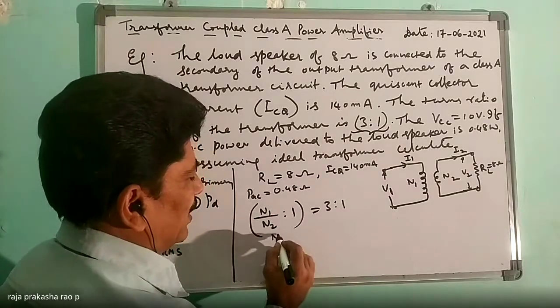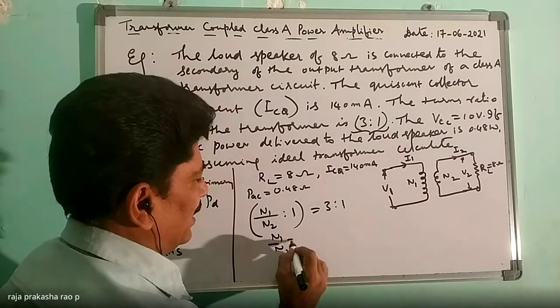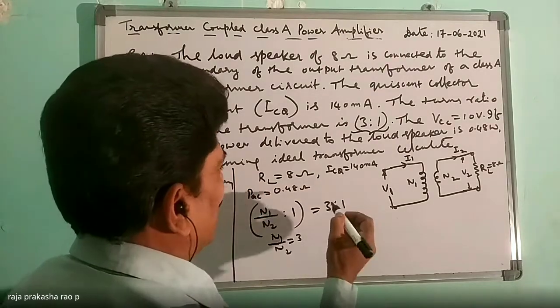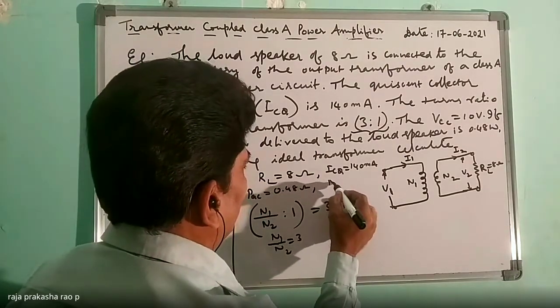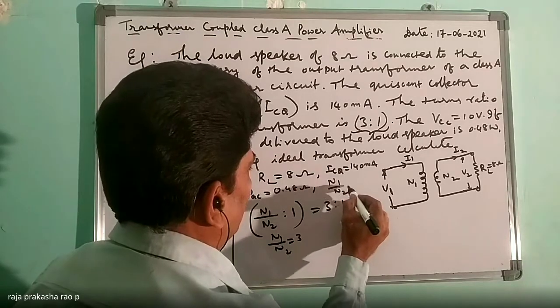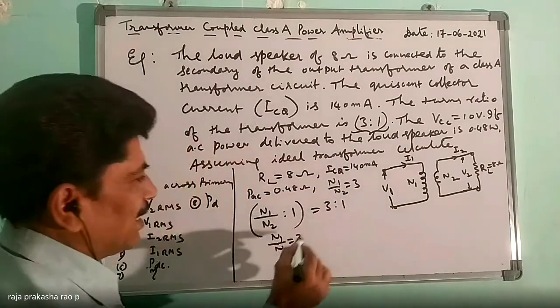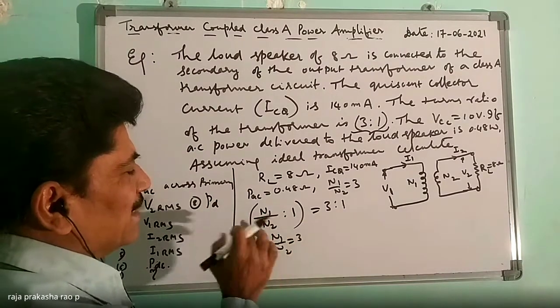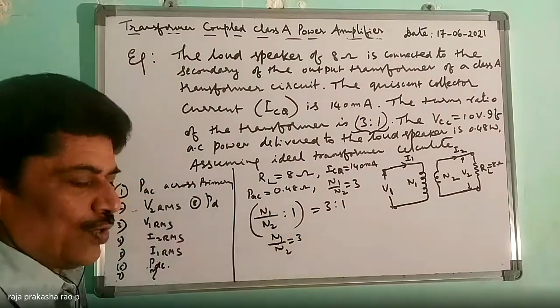So N1 by N2 is equal to 3, not N2 by N1. You just understand this. In the examination also they will give like this, so you have to just remember this.